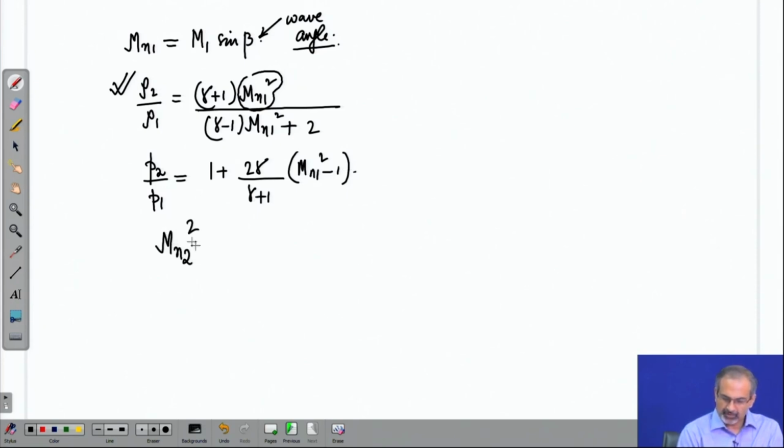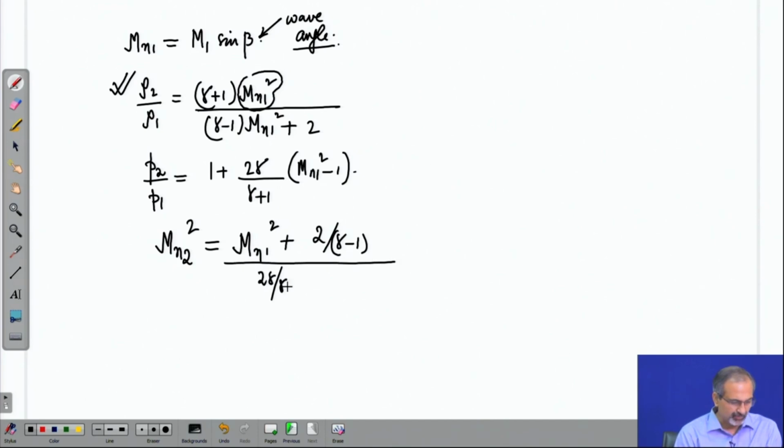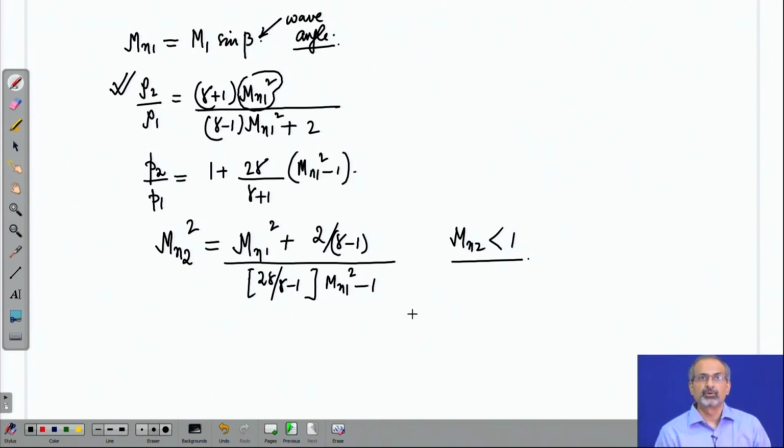What about the M n 2? That is given by this relation, and obviously M n 2 will be less than 1, because when we are talking about the normal component, it is equivalent to a normal shock situation, and across the normal shock, once you go beyond the normal shock, the flow becomes subsonic.